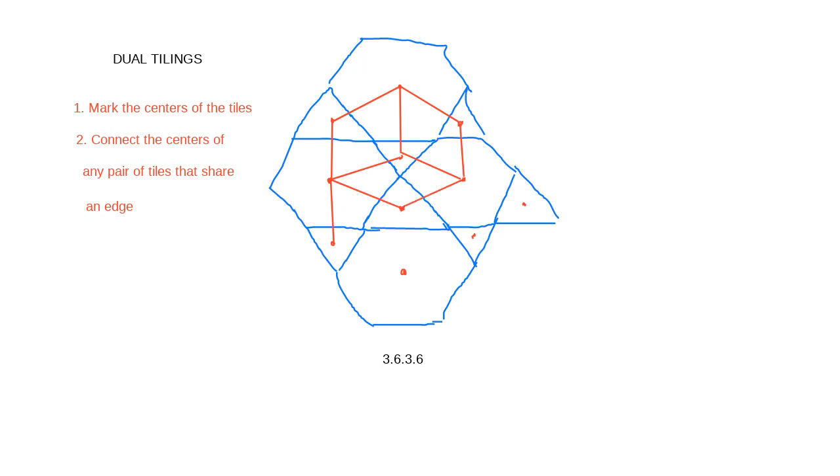So I'm drawing the dual to 3, 6, 3, 6 by connecting the centers of any pair of tiles that share an edge. That's the guideline.